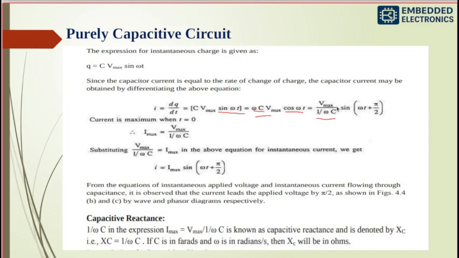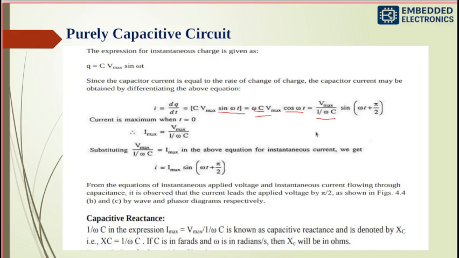When current is maximum, that time t equals 0. So when t equals 0, omega t is also 0. Then I max equals V max divided by 1 by omega C, and sin pi by 2 we get, which is nothing but 1.